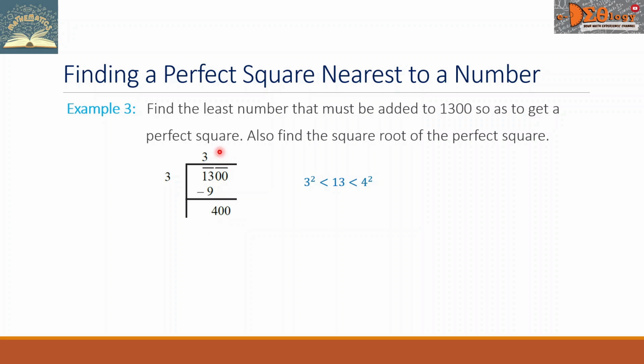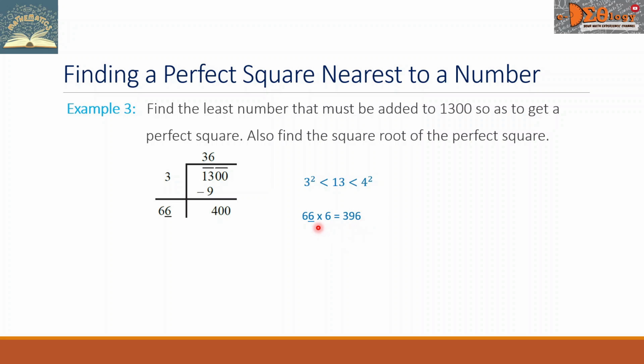And next step, the number 3, we make it 6 with a blank after 6. This blank is a digit. By trial and error, we can write any number and check. Suppose we have 6, we write in the blank the number 6 also. Then we multiply 66 by 6. The answer is 396.